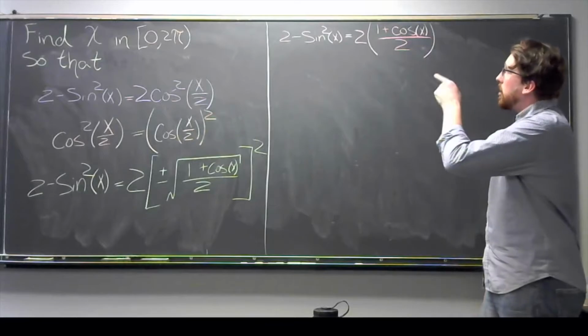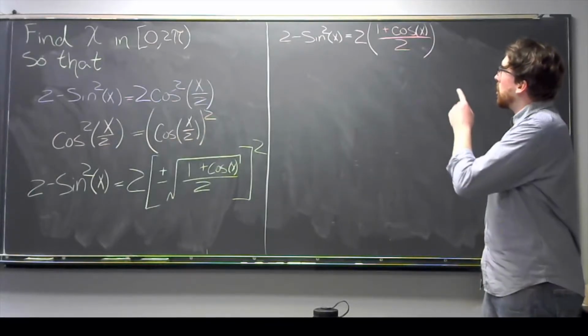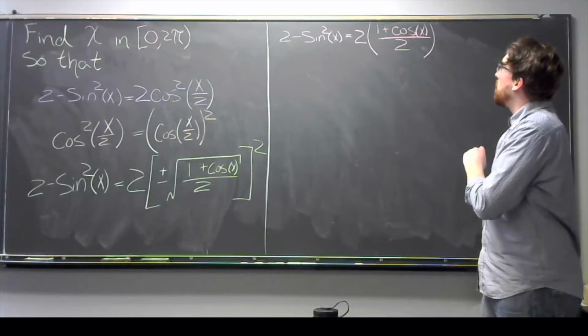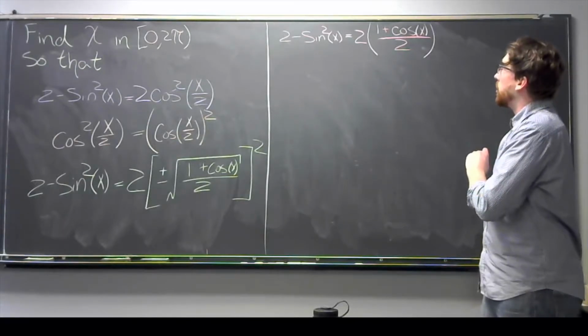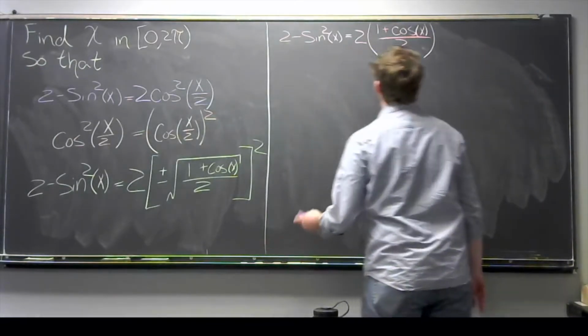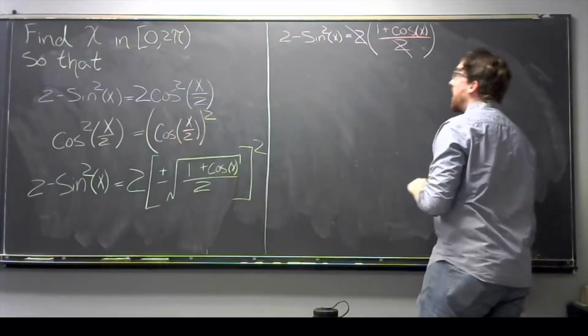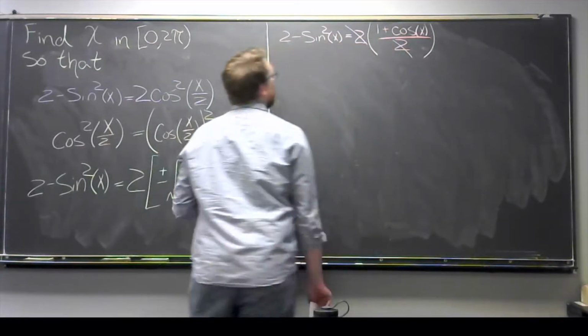So now we've got 2 minus sine squared is equal to the quantity 1 plus cosine of x over 2 multiplied by 2. Well, now we get to do everybody's favorite part. Cancel that, you suck.